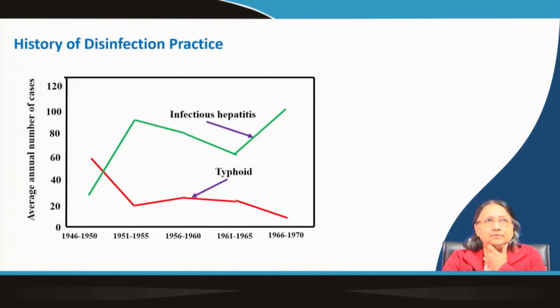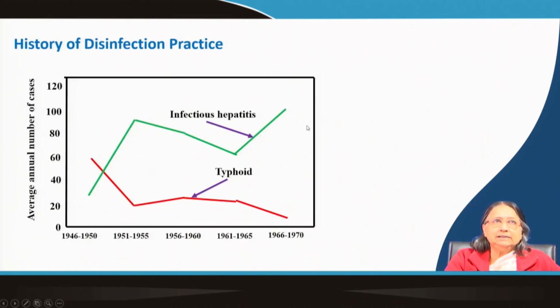Now, here in disinfection practice, you can see that there are two types of curves. Here the typhoid is coming down, from 1946 to 1970. But here, this is hepatitis, it is not coming down, maybe it is going up, or at least you can say it is not coming down.